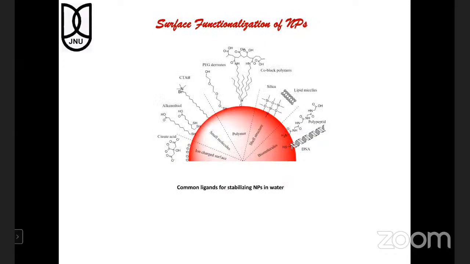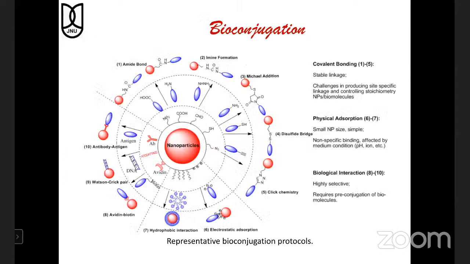In this direction, different molecules like CTAB, PEG derivatives, copolymers, silica, polypeptides and some DNA are being used for surface functionalization. Some of these, like citric acid, CTAB and PEG molecules, we have explored in our research group also, and they effectively enhance the sensitivity as well as the stability of the nanomaterials. But how can we make this bioconjugation?